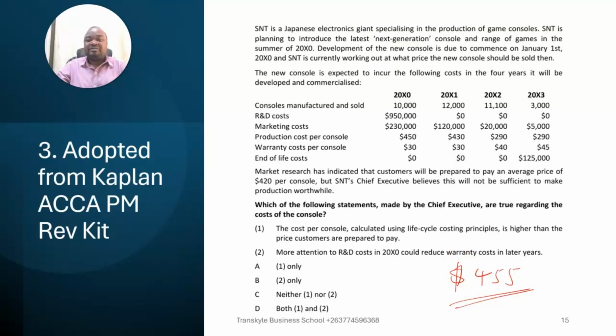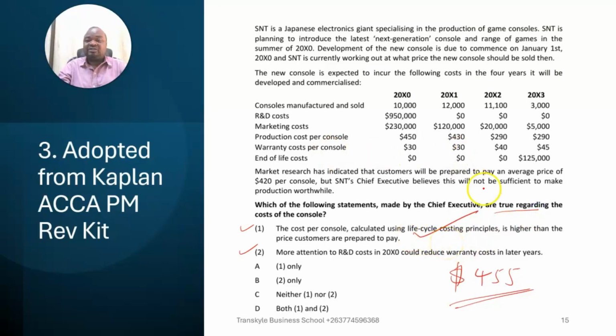So what do we do, guys? We need to analyze these two statements. The first statement says the cost per console calculated using lifecycle costing principles is higher than the price customers are prepared to pay. Yes, 455 is higher, so this one is actually true.